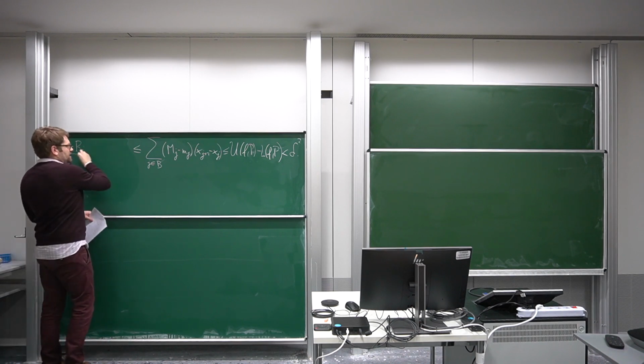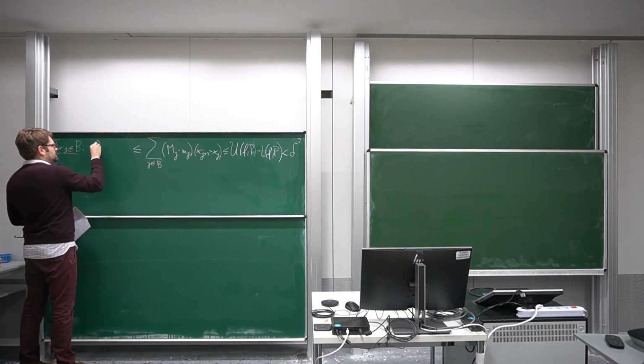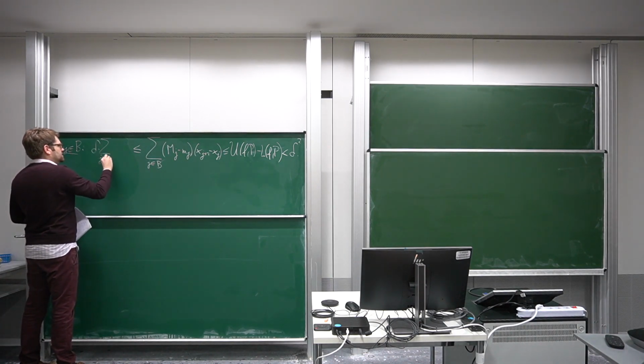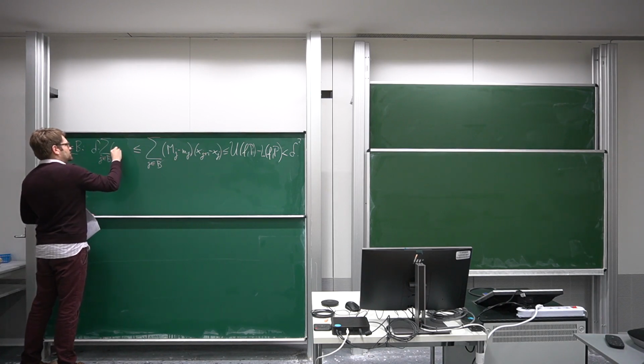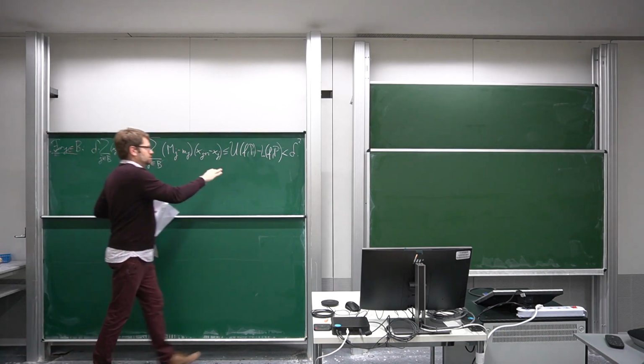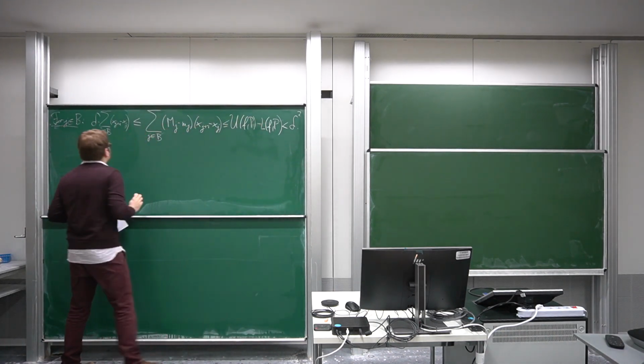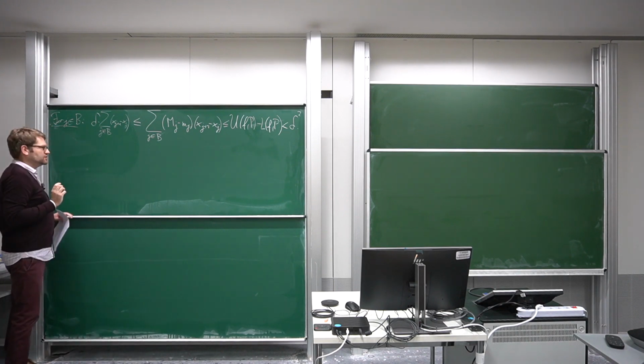So we can estimate this from below by delta. So this means delta times the sum of all j in B of xj plus 1 minus xj is smaller than delta squared. Since delta is a positive number, we can just divide everything by delta and preserve the inequality.